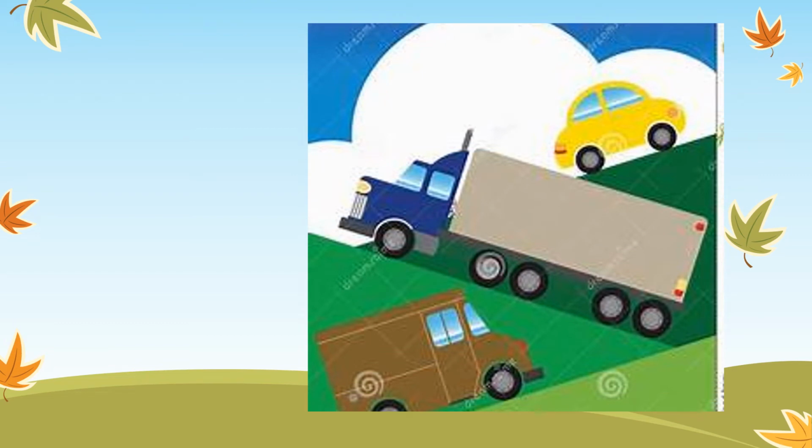Okay, next one. Look at these three vehicles. We have there a yellow car, a brown van, and a truck. All of them are going upward. Can you see that? They are all going upward.